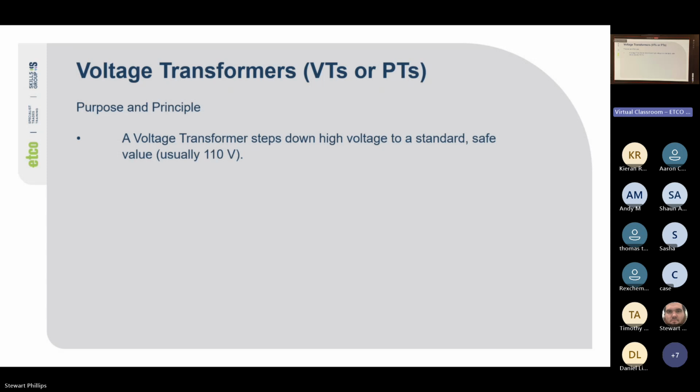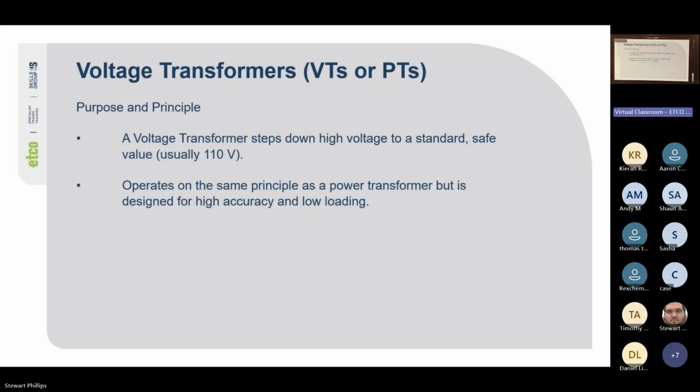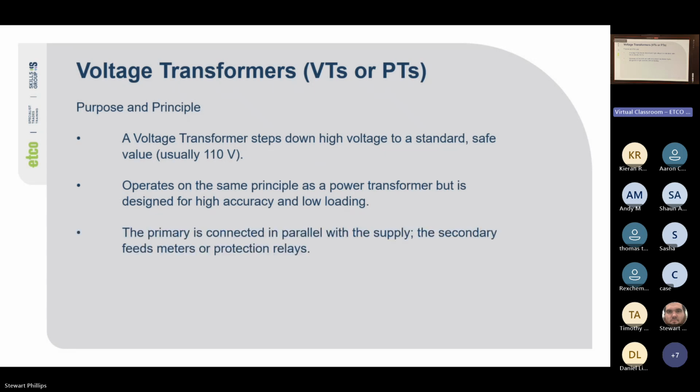A voltage transformer steps down high voltage to a standard safe value, usually about 110 volts. They operate on the same principle as a power transformer or a current transformer, but are designed for high accuracy and low loading. The primary is connected in parallel with the supply.